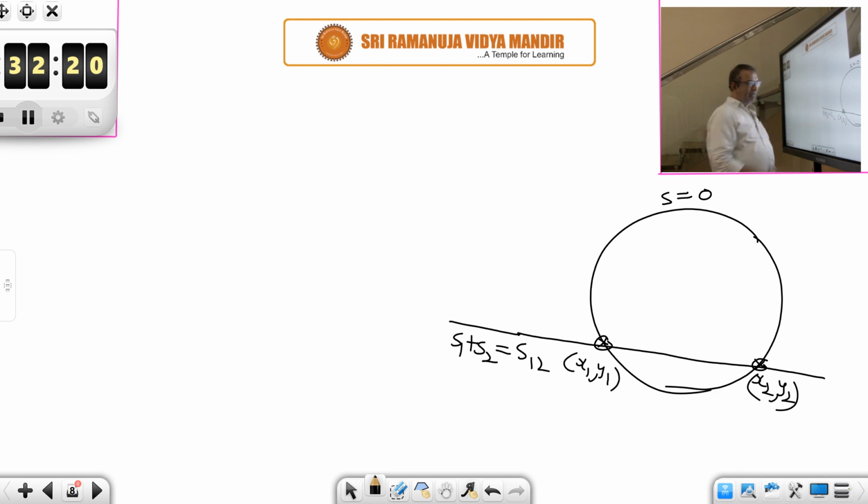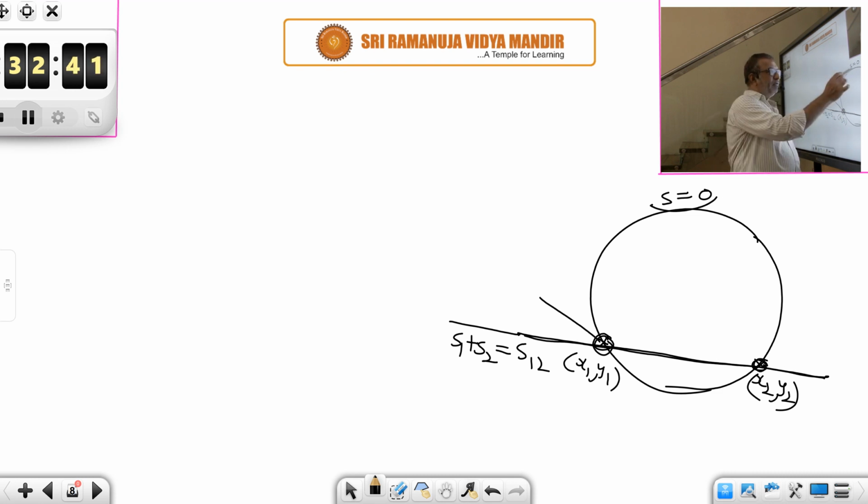Then he simply asked me, see big brother, this point x1, y1 is given, x2, y2 is given. To find the equation of the straight line joining these 2 points, I will just use the 2-point formula and get it. So whether they lie on a circle or parabola or ellipse, why do I bother?